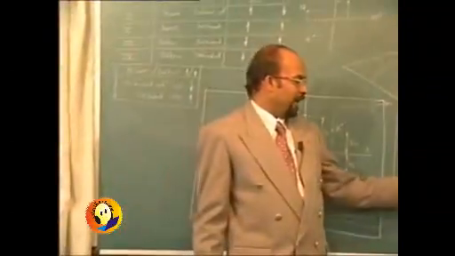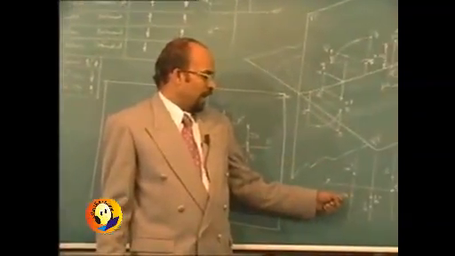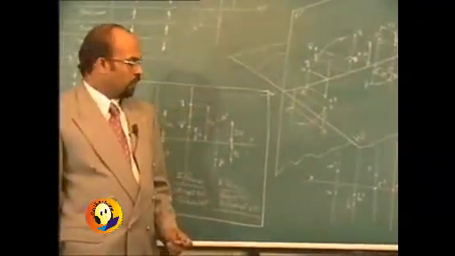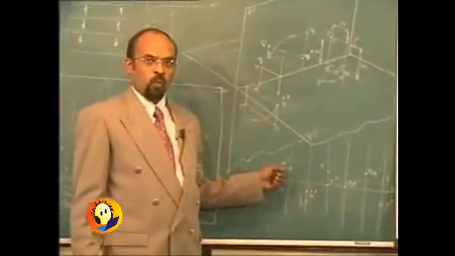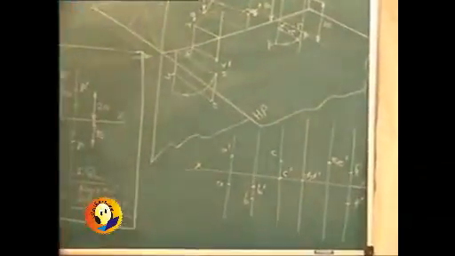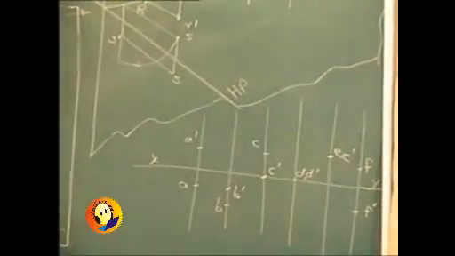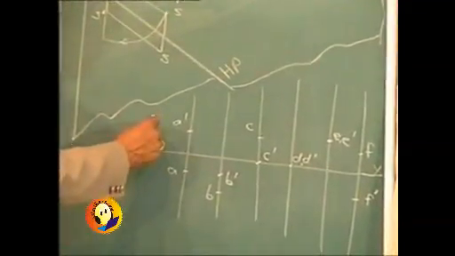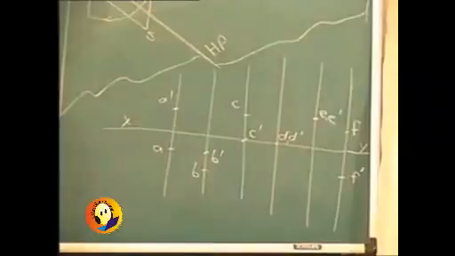We have A dash above the XY line and A below the XY line. A dash above XY line and A below XY line simply tells us that the front view is above the XY line, the top view is below the XY line.